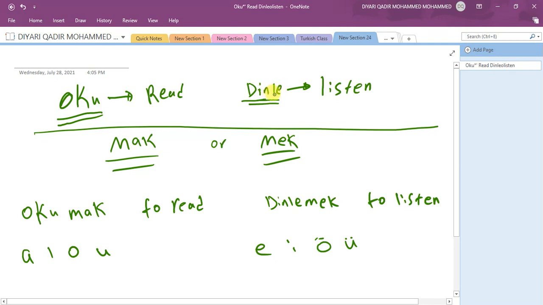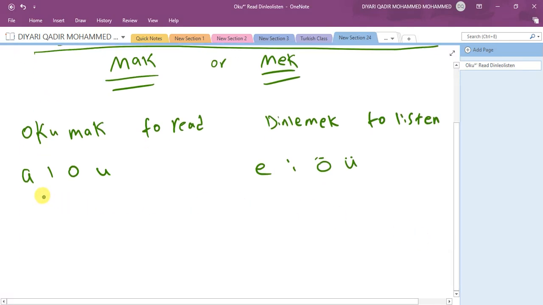So we are looking at the last letter, whether it's a woman letter or man letter. The end is e, so we have to add mek. Oku, read. The end is u, so we have to put mak. Okumak, dinlemek.